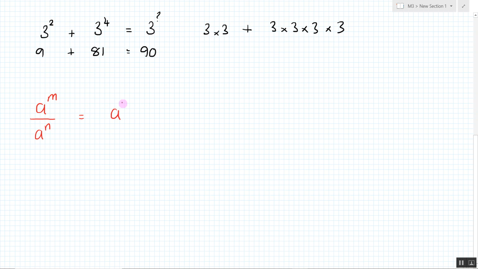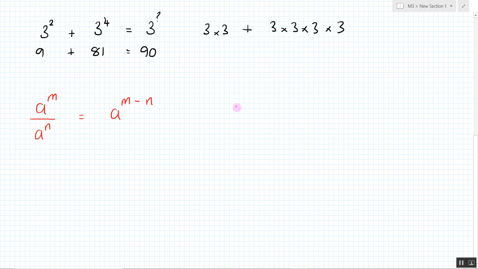A to the power of m plus n. That would be the same as multiplying. It's in the book, if you want to read it. A to the power of m minus n. Yeah, well done. So we subtract.